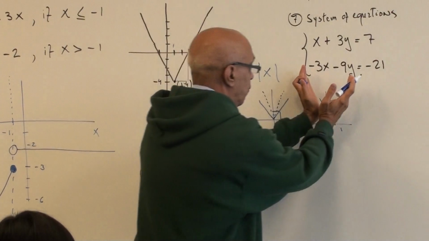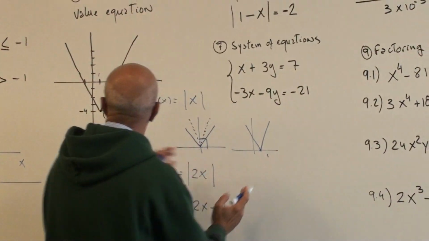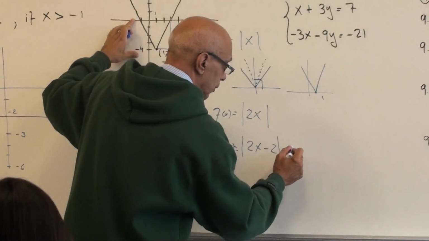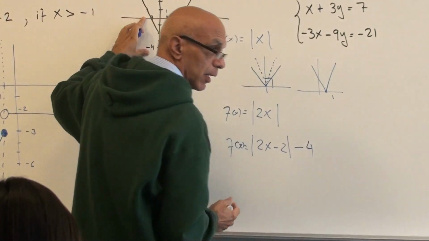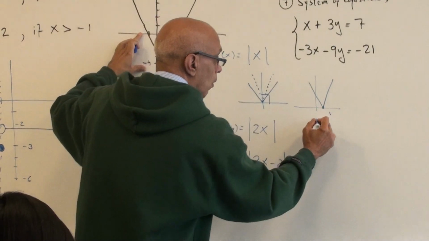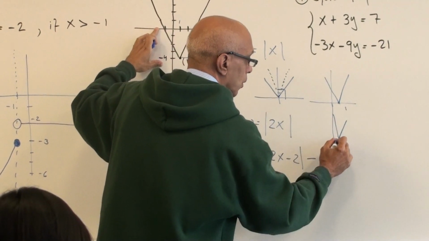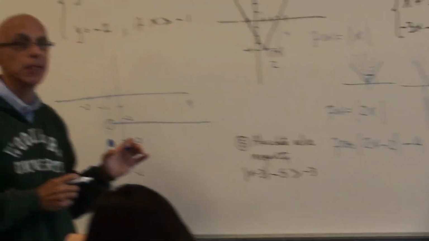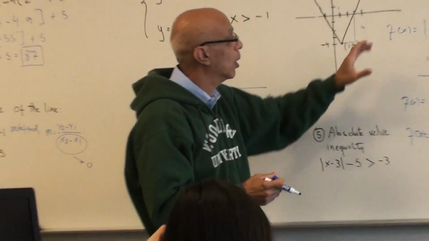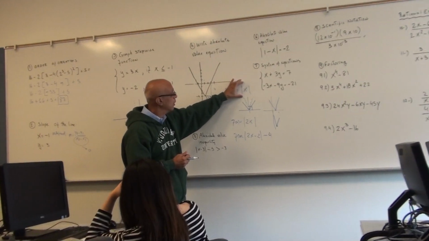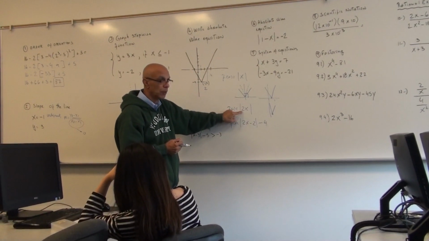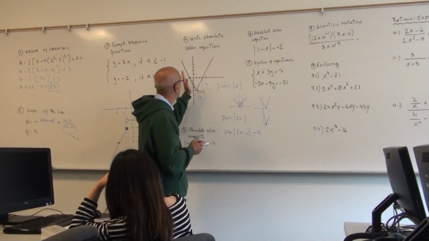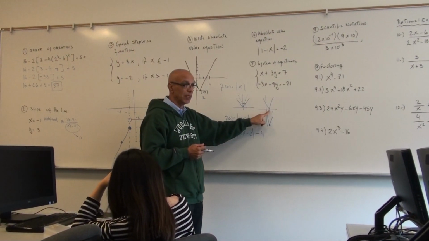Now, the function has come down by 4 units. How can I do that? Then outside the bars, I need to put -4, so I can bring it down by 4 units, okay? Is that okay? So you guys understand how to build this. You have to start from here, then you insert this slope, 2, then you need to make sure that at this point, when it has shifted to the right, you're going to get 0.